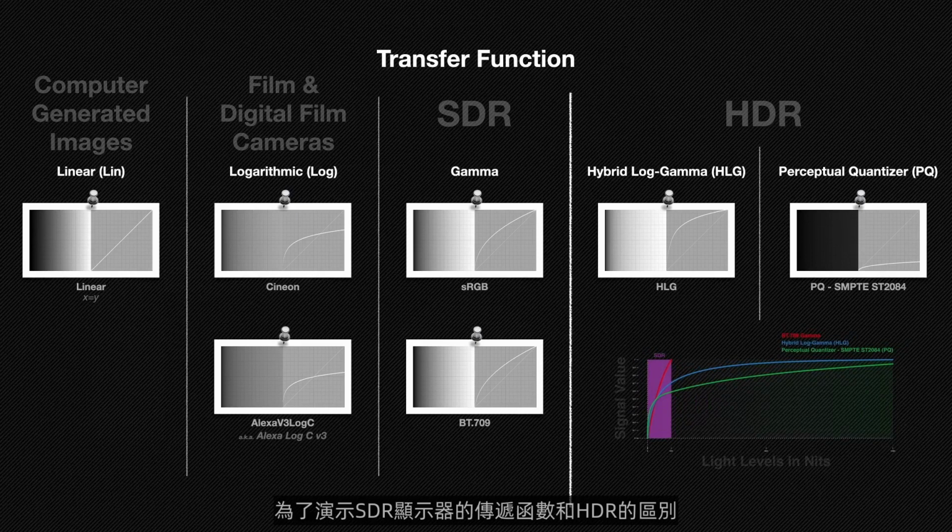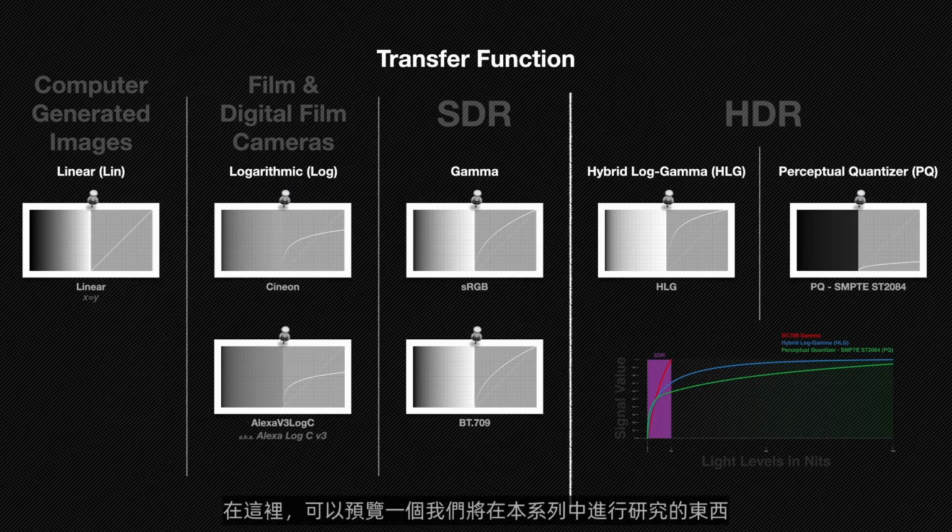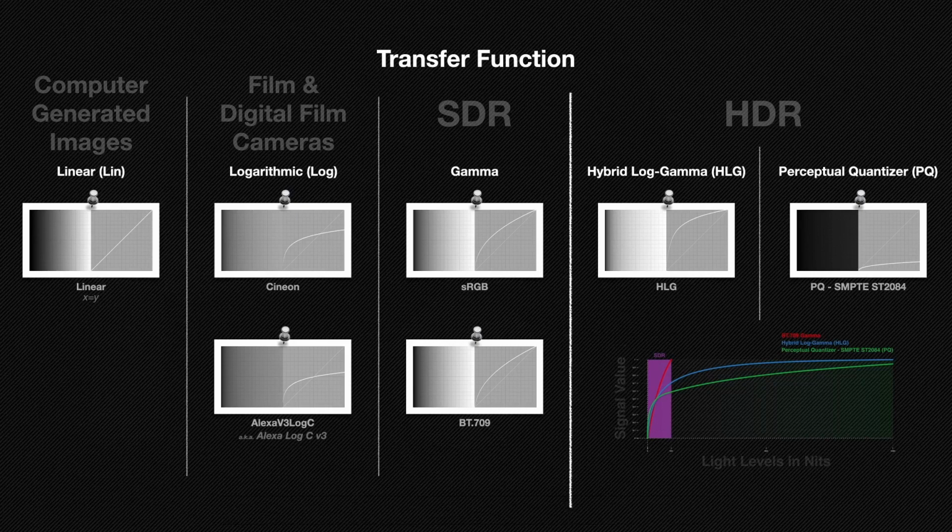Just to show you the difference between SDR display transfer functions and the HDR ones, here you have a sneak peek of something we will study later in this series, to put in relation the light levels of HDR and the signal value distribution.